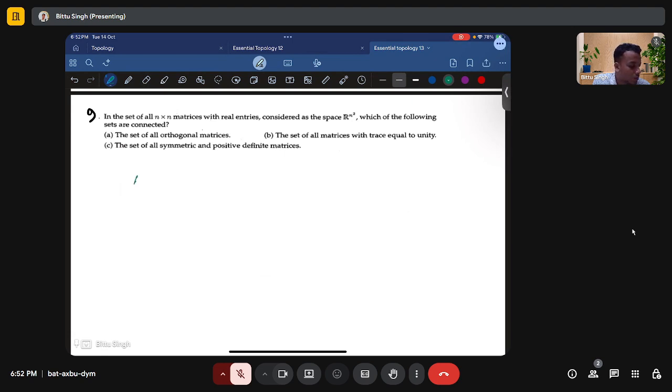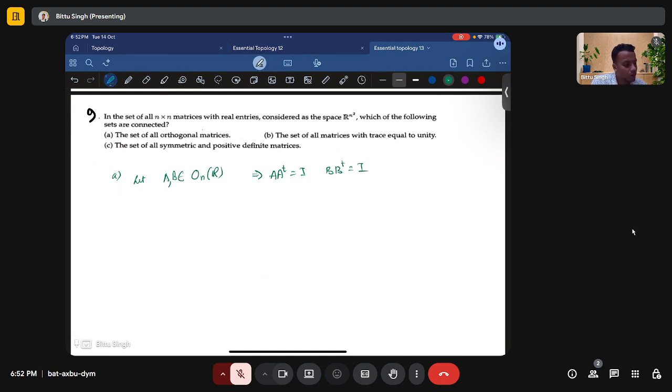Suppose A is orthogonal, A belongs to O(n, R). And also assume B belongs to O(n, R). Then we can show that if we take, so A belongs to O(n, R) means A transpose A is identity and B transpose B is identity.